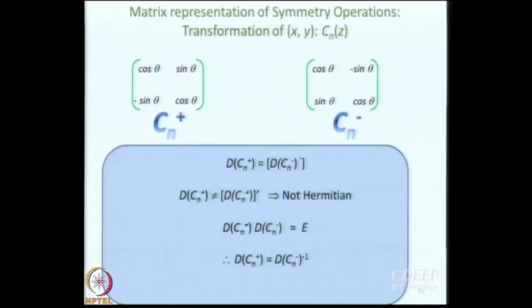Yeah, exactly. But even before we go there, now see, we have reached something interesting. We could have said that DCn plus is the inverse of DCn minus without doing all this, right. Think of rotation by 120 degrees. This is plus, this is minus. Are they not inverses of each other? Right?